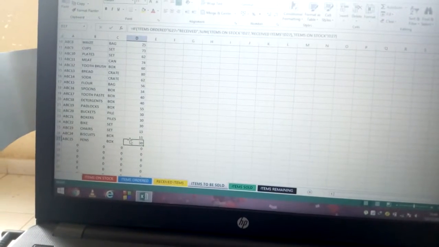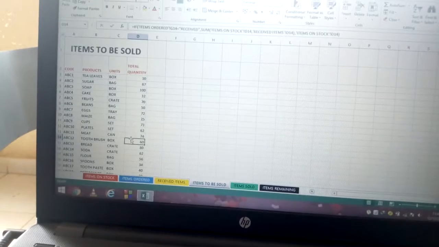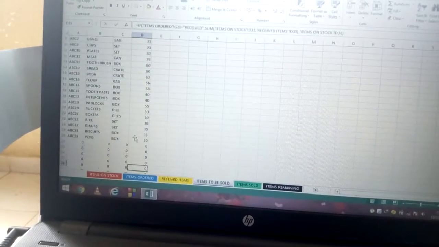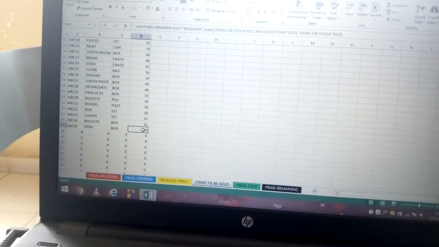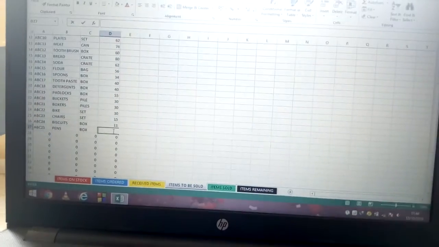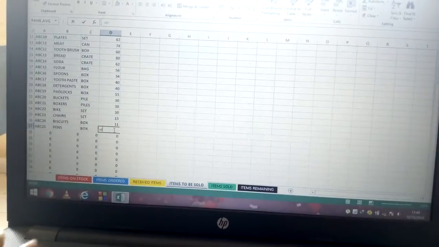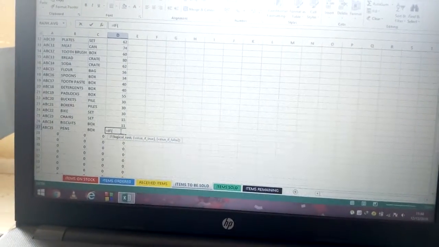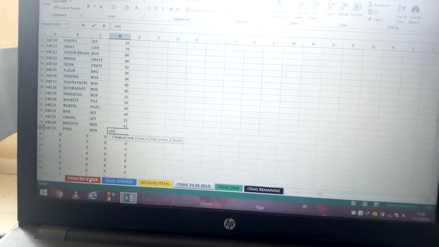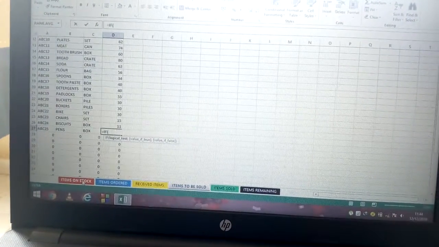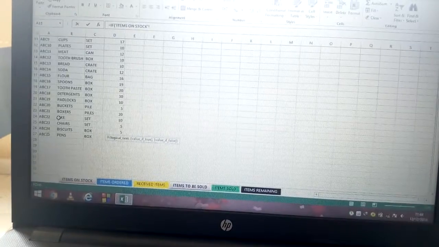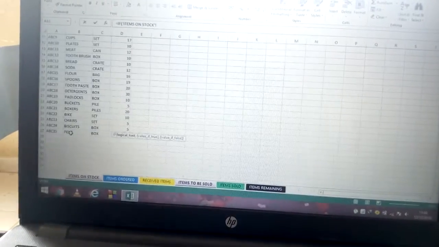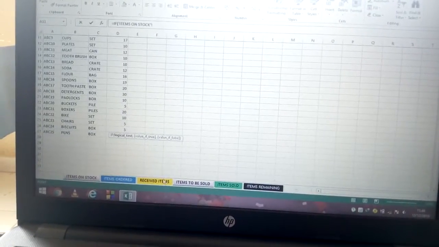Here we use a function, the IF function. In order to get the total, you insert the equal sign, then IF, bracket.